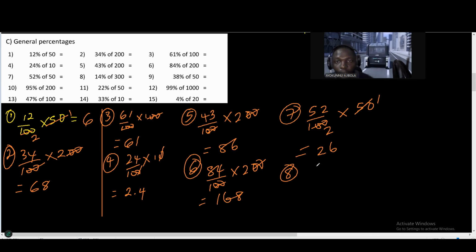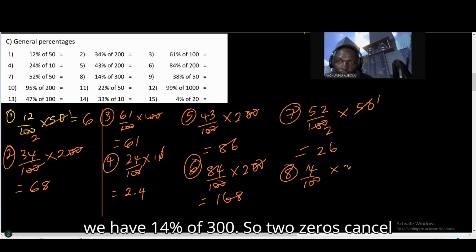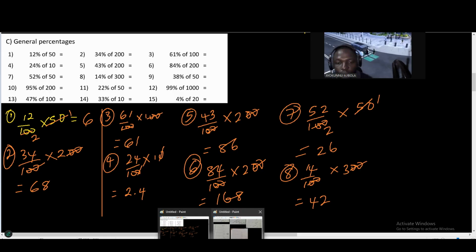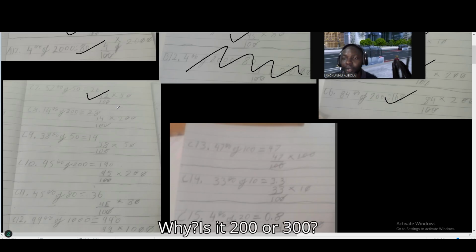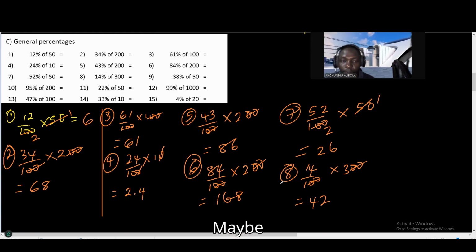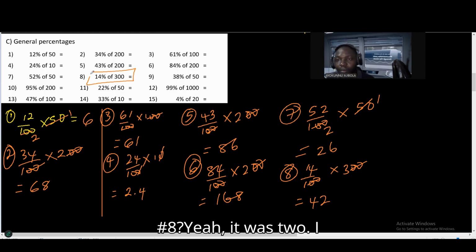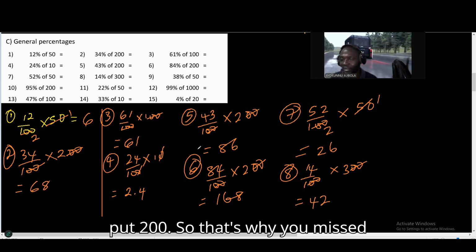Number 8, we have 14% of 300. So two zeros cancel two zeros. So 14 times 3 is 42. So, yeah, you wrote 28. Why? Is it 200 or 300? Maybe 200. Yeah, it was 200.